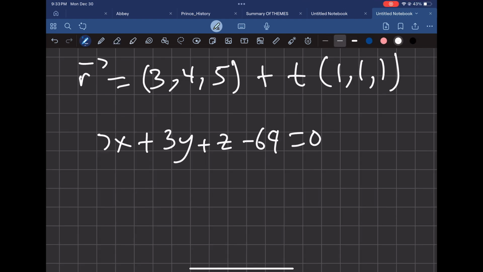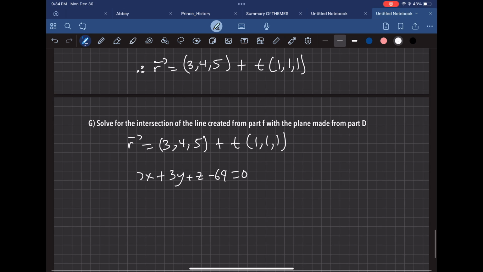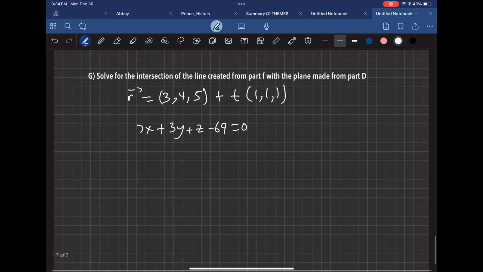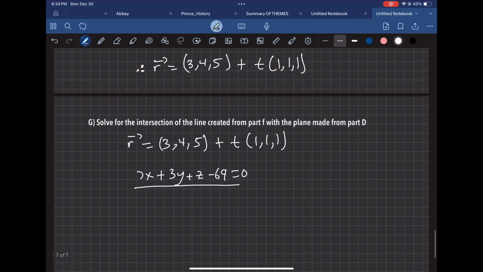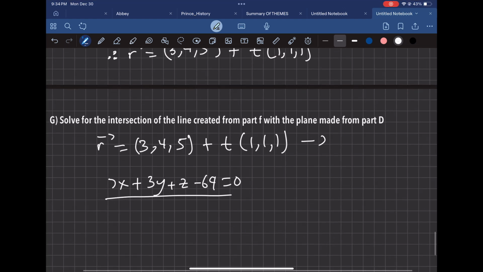Now the way you want to solve this question is to convert this vector equation that we made into a parametric equation where we have the x, y, z components, and we can plug those x, y, z components into this Cartesian equation below. So we're just going to convert this into its x, y, z components.